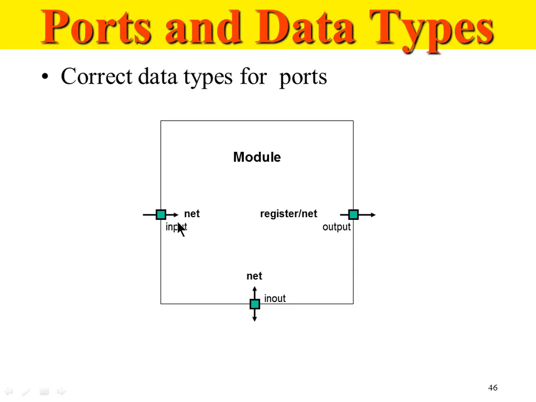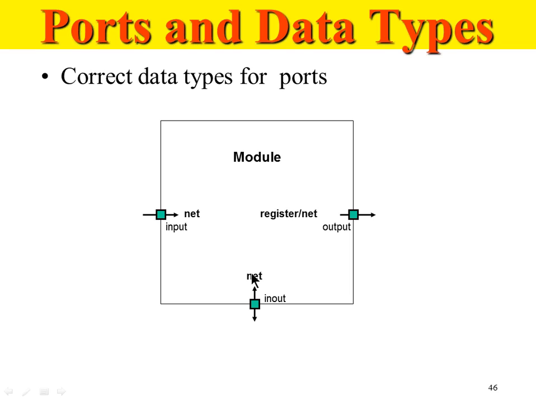An input port by default is internally of data type net. An output port can be a net or it can be a register, in case you want to assign it inside the always block. So the output port with the same name has to be declared as a register. We'll see a lot of examples of this. That has to be declared additionally as a register if we are going to assign it inside the always block.